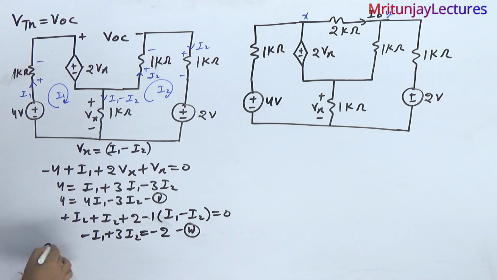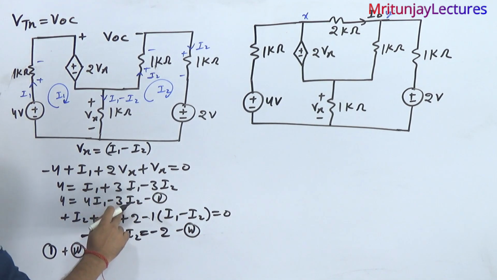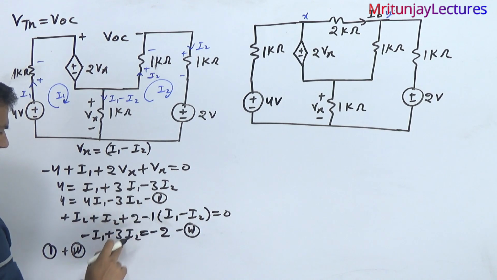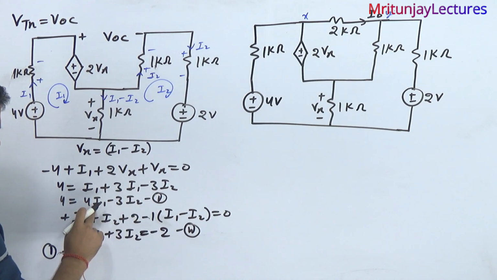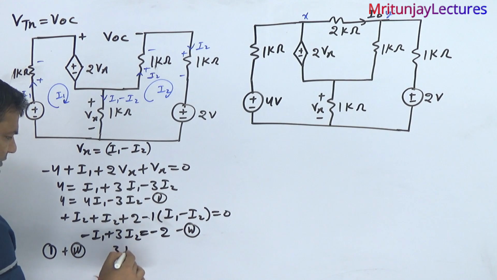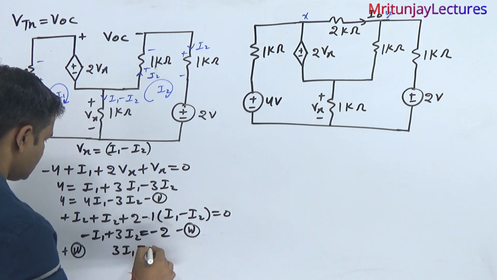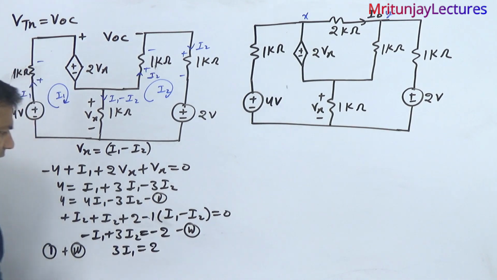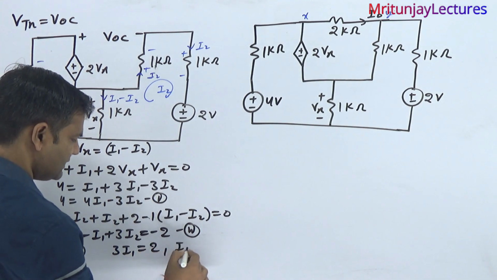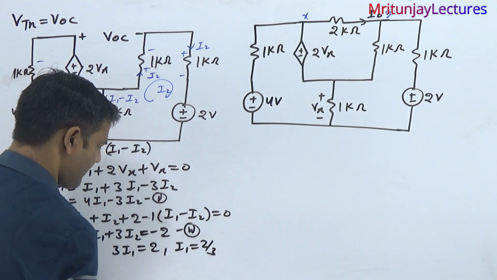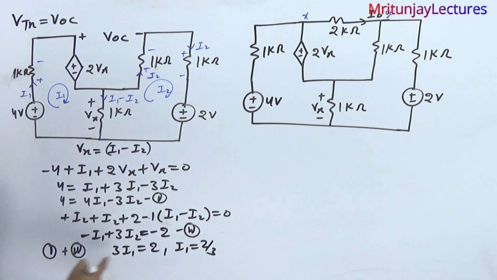Adding equation number 1 and 2, then we get 3I2 cancels out: minus 3I2 plus 3I2 cancel, and 4I1 minus I1 is finally 3I1, and 4 minus 2 is plus 2. So what about I1? I1 is written as 2 by 3. Now put this value in equation number 1 or 2.